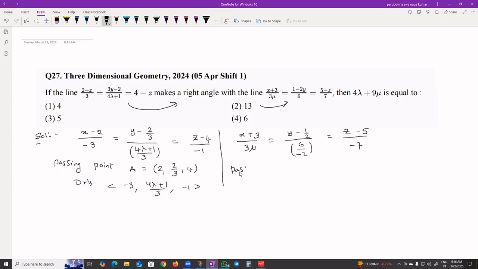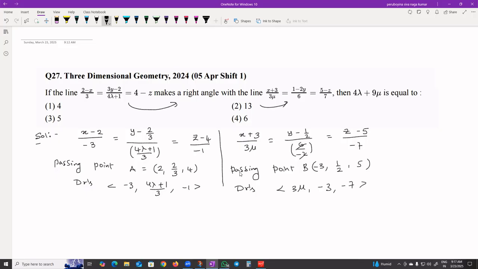And its passing point was, say it is point B, minus 3, 1 by 2 and 5. And if you see the DRs, it will be 3 mu. Of course, you can cancel 6 and 2, mean minus 3 and minus 7.